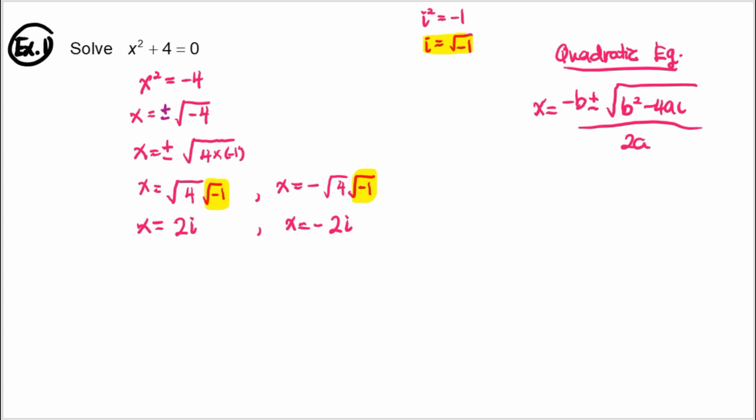Now we have this part. When we consider this part, so when we have the first case where b square minus 4ac is equal to 0, then our solution will have only one root, or only one value of x. Actually there are two values, but they are the same value.